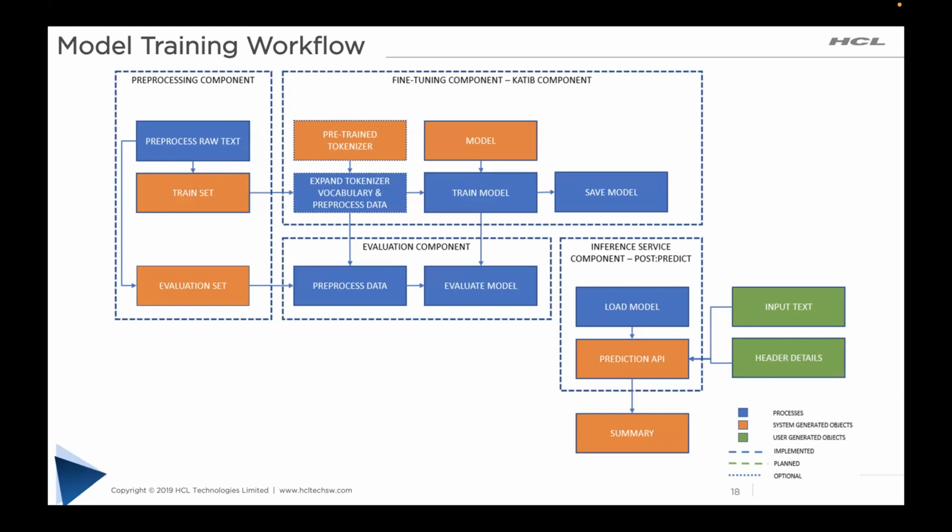In our inference service, this is where the model is loaded. A prediction API is deployed, where a client can access the model by inputting a text, and that generates a summary. Similarly, we have an explanation endpoint with the same input text, but it generates Shapley values and a visualization URL. Next slide, please.